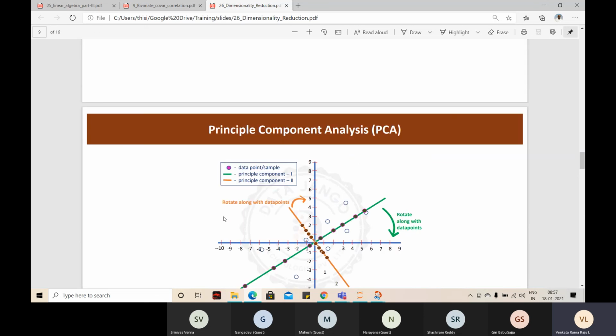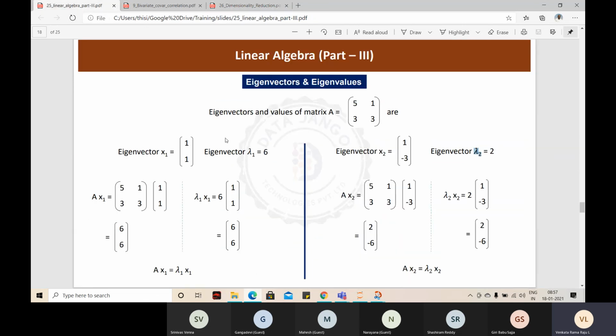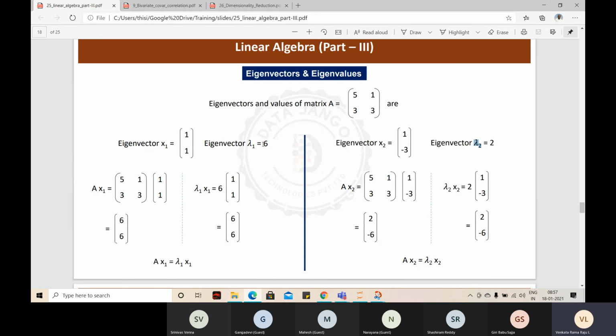When I was explaining linear algebra, the first principal component has got eigenvalue 6, the second principal component has got 2. That means the first one has got more essence, the second one has got less essence. If you have 100 principal components, 10 will have eigenvalues greater than 0, or greater than 1.